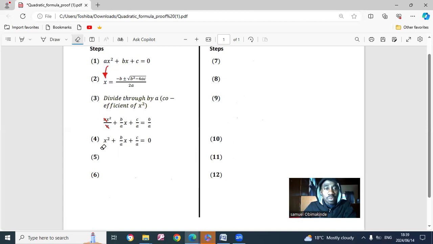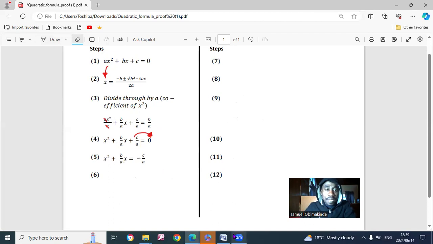In step 4, we are left with x squared, then plus b over a x plus c over a equal to 0. So what we do in the next step is we take this c over a, positive c over a, to the other side. By the time that positive c over a crosses to the other side, it becomes negative c over a. So that is what we have in step 5 here.